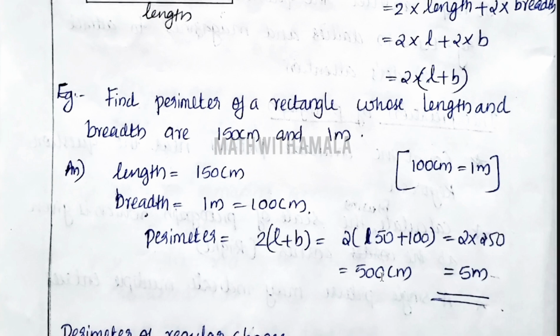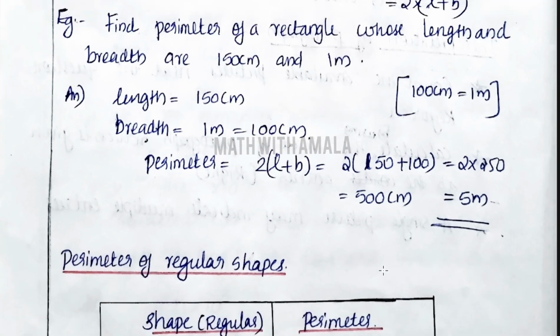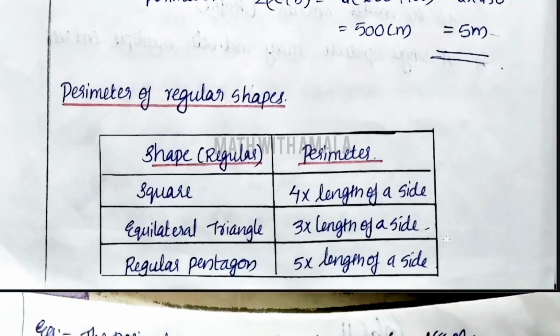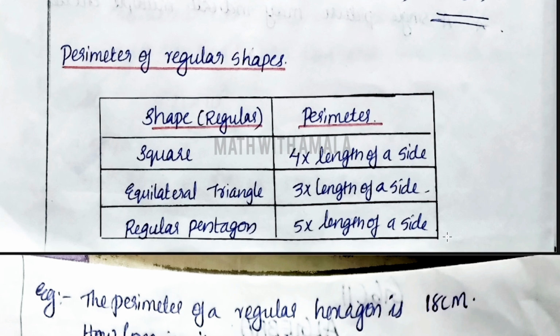Otherwise you can convert the other term to centimeter. So the breadth can be converted to centimeter since it is 1 meter, you can simply write 100 centimeter. Now the perimeter is equal to 2 into L plus B, that is 2 into 150 plus 100, which is equal to 2 into 250, that is 500 centimeter, and you can convert back to meter, that is 5 meter.